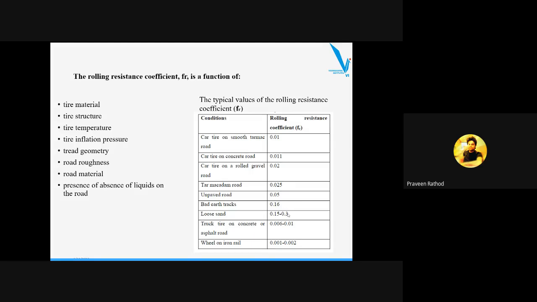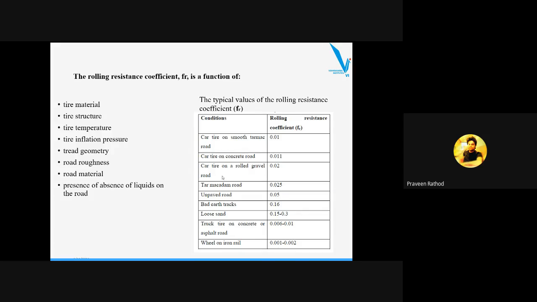A truck tire on a concrete or asphalt road has a rolling resistance of 0.006 to 0.01. A wheel on an iron rail is 0.001 to 0.02.